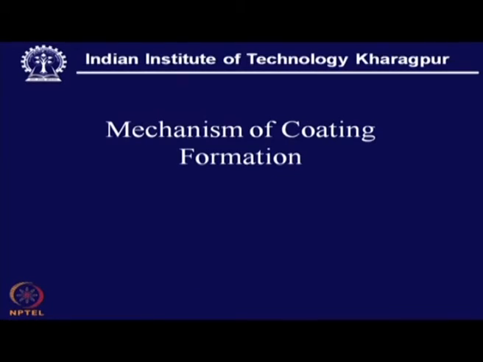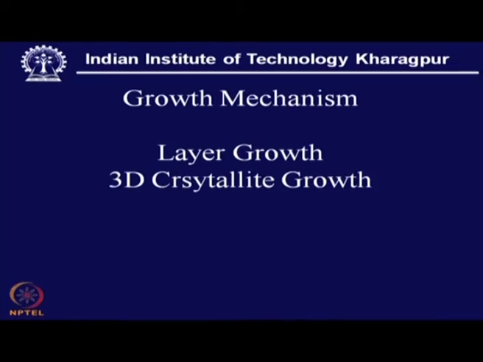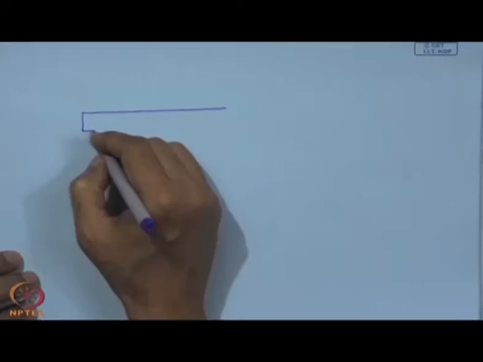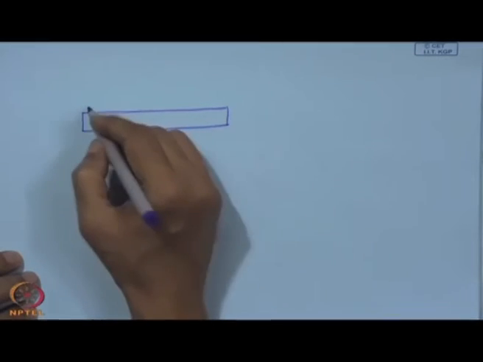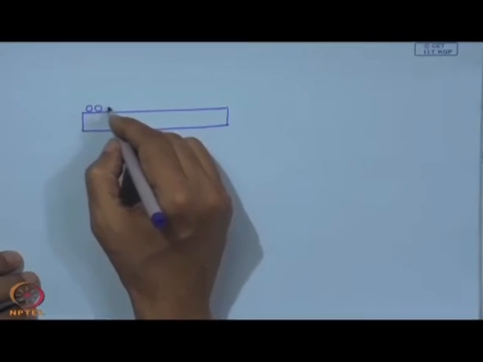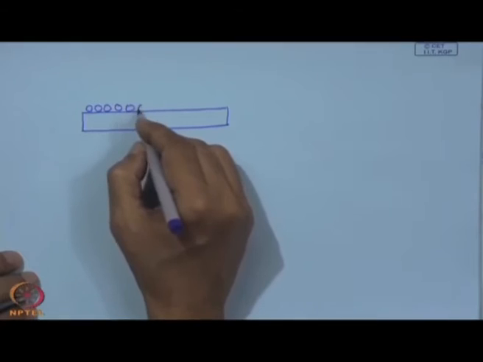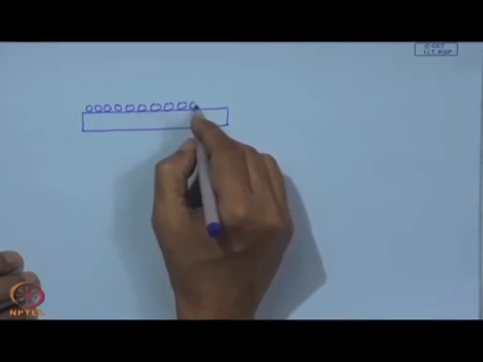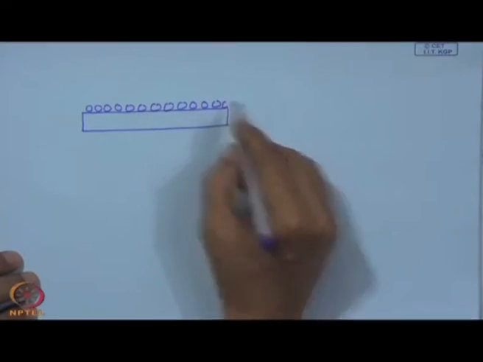Now, mechanism of coating formation. What we can see is how this coating is formed. It can be just like one layer formation. So, if we have the substrate, here we have the first layer which gets adsorbed on it, and over that another layer of the same metal will keep on growing.